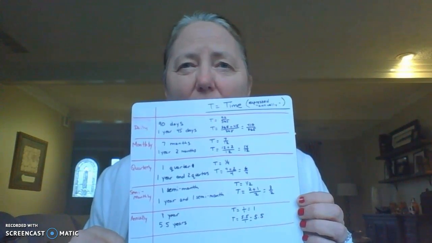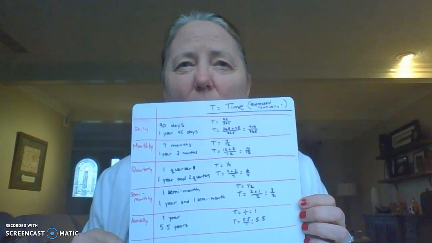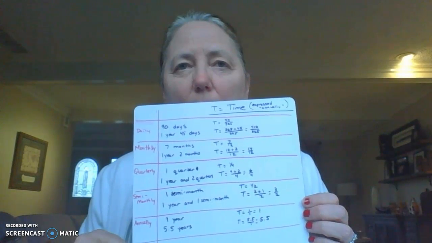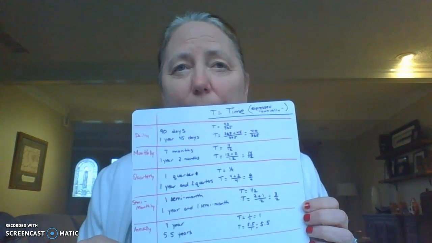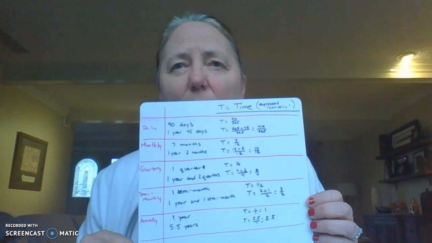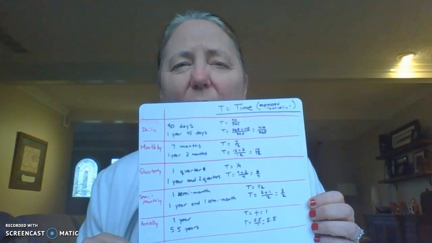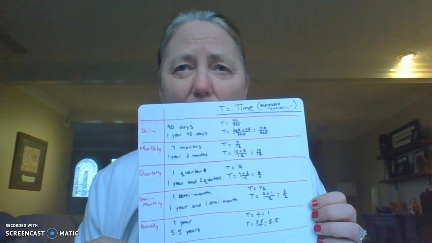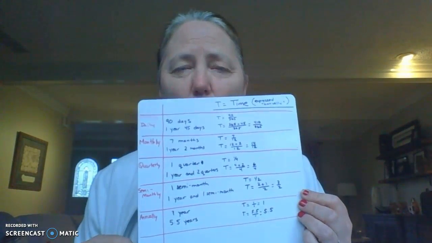If it's semi-annually, that's saying 2 of them, so 1 over 2. And if it was 1 year and 1 semi-annual, it would be 2 plus 1 over 2, so 3 over 2.